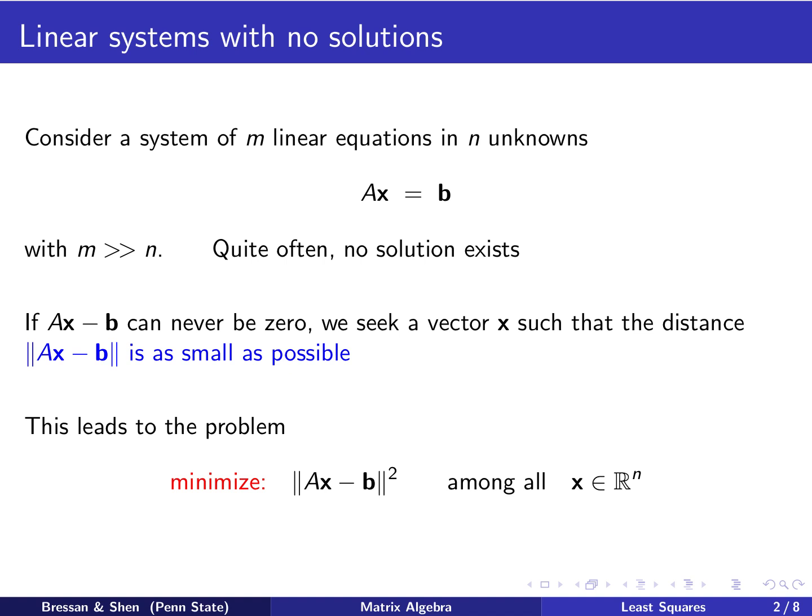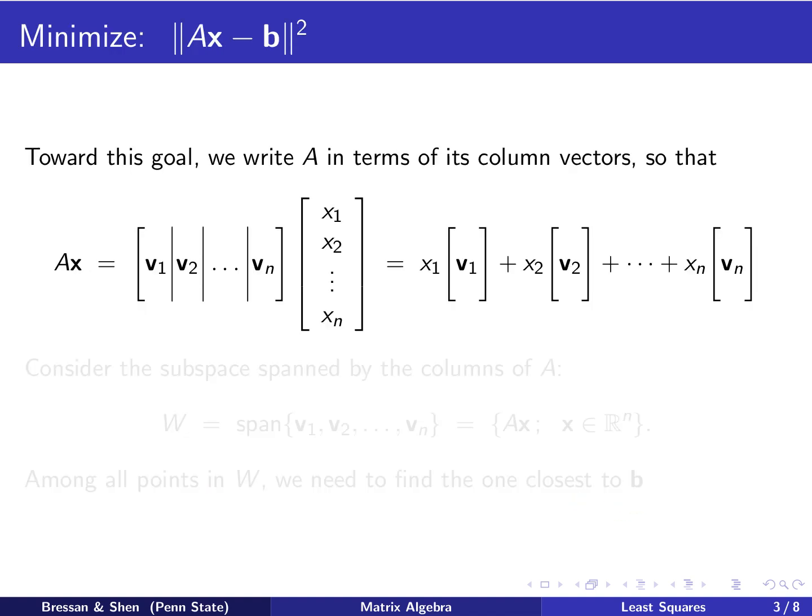Now we can set up a problem equivalent to what we stated. We seek to minimize the square of the residual, the square of the norm of Ax minus b, among all possible choices of x in R^n. Towards this goal, we will write A in terms of its column vectors.